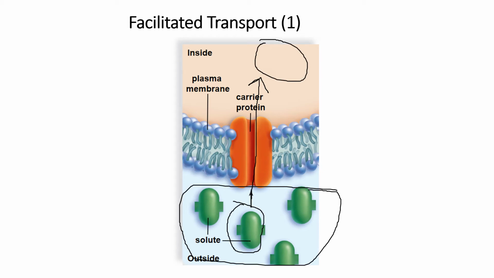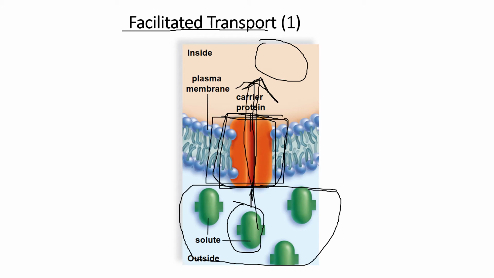Because of that, they will move into the cell. But this protein allows the movement, so it is facilitated diffusion. This is not simple diffusion because it requires this protein. If this protein was not here, the movement would not happen because it cannot cross the membrane on its own.